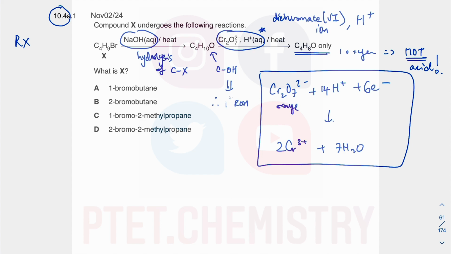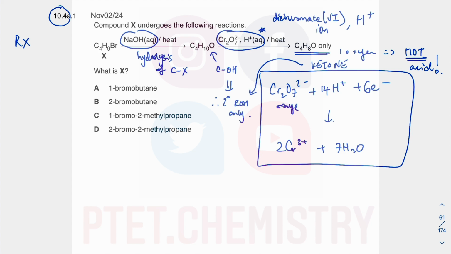Sorry, no, I'm looking at secondary alcohol only, because tertiary alcohol cannot be oxidized, whereas a primary alcohol, if we don't distill it, must be refluxed, and we're supposed to get carboxylic acid. Only one oxygen, so it must be ketone. Therefore it must be a secondary alcohol.